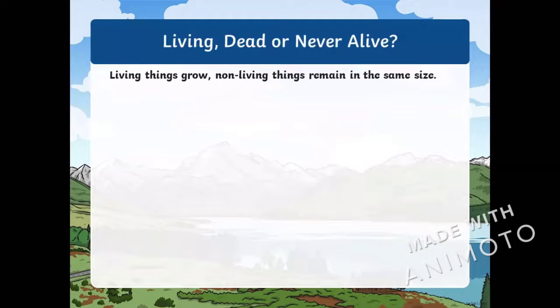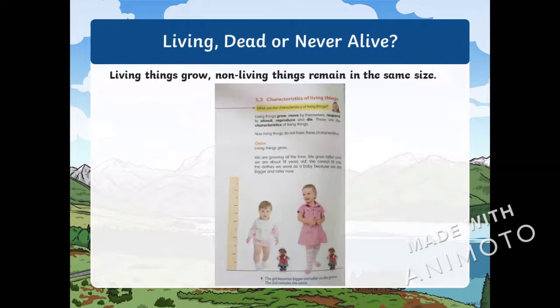Okay, so we have living things grow and non-living things remain the same size. So as you can see here that we already practiced this part, we have the baby that was shorter before and now she has grown up and is taller.